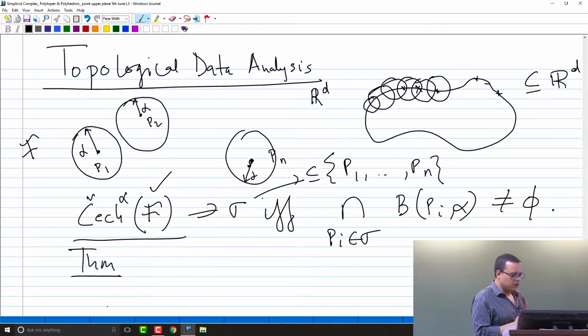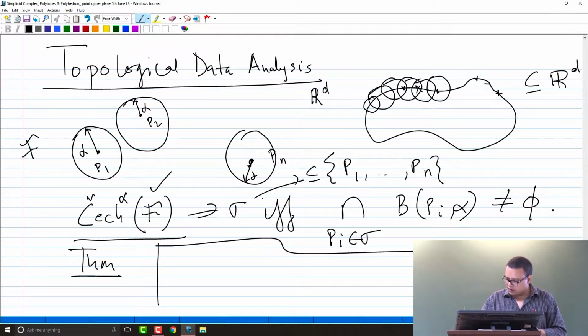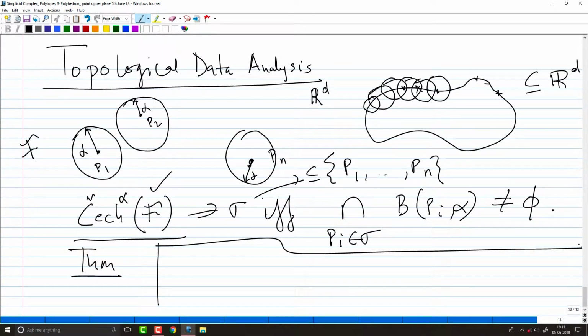As with all good things, there comes a caveat. Even this is sometimes hard to store. Here I can compute this complex if and only if, given some set of balls, I am able to compute whether the intersection is non-empty.